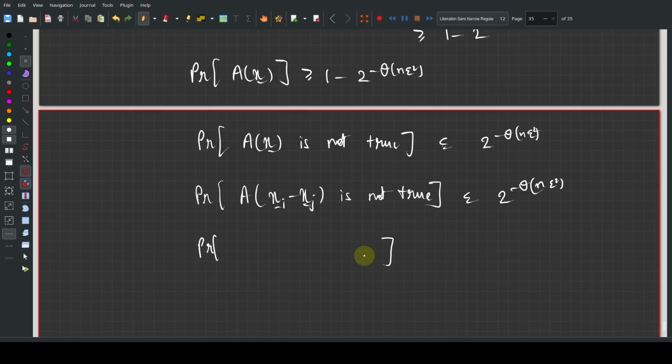So let's stop here and continue in the next class. But you at least get the general flavor of how you use these tools to show their existence.